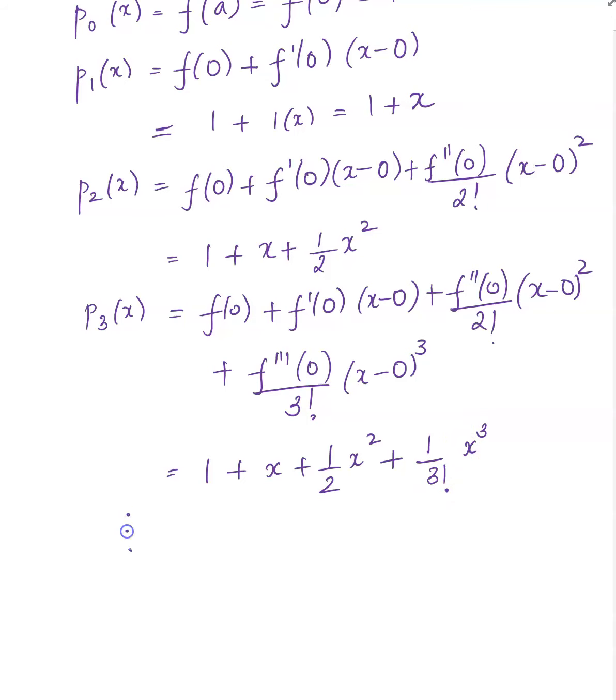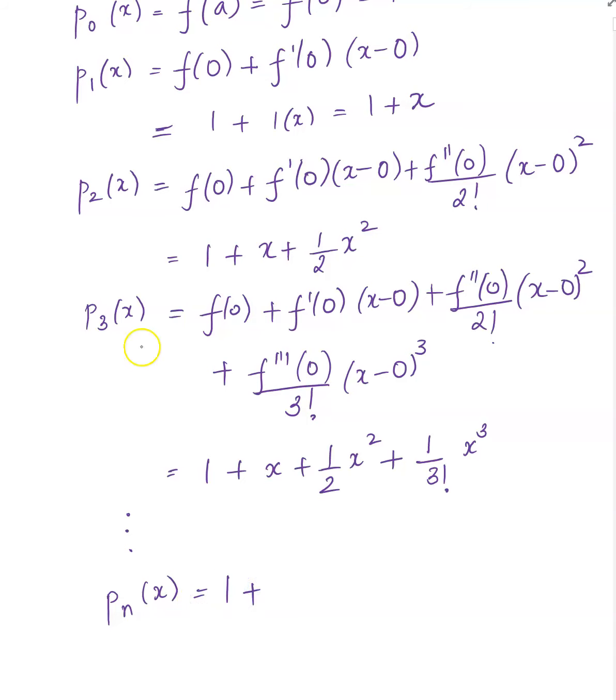So if we were to go on like this, what will be the expression for Pn of x? If I'm thinking in terms of the nth polynomial, then I want to see patterns. If I just want to do P0, P1, P2, and P3, then I will simplify it as much as possible. But here I want to see the pattern.